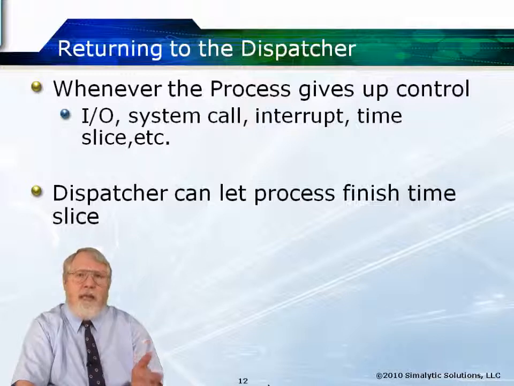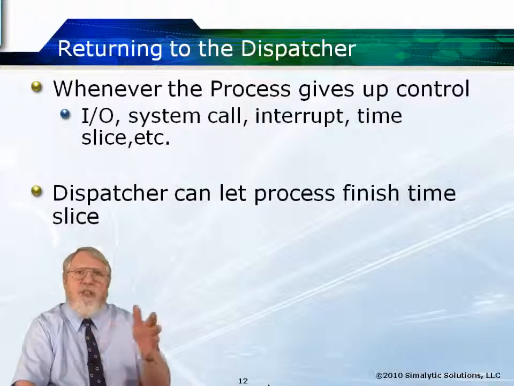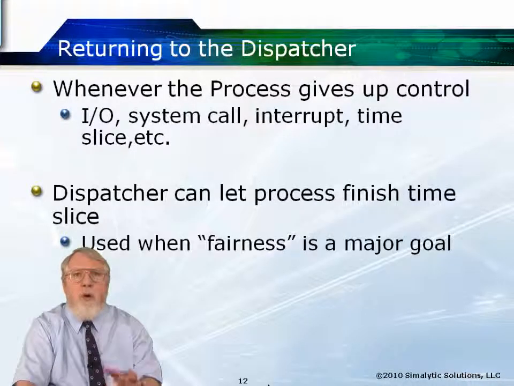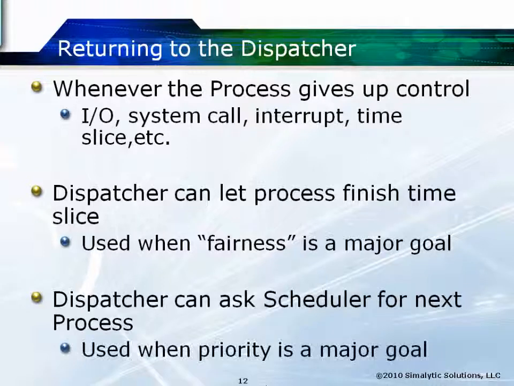It can either let the process finish its time slice, in other words, it becomes the next thing to run when this event is over, and that's based on fairness as a major goal, or it can go back to the scheduler and say, give me the next process that meets the criteria. And that's more of priority as a major goal.